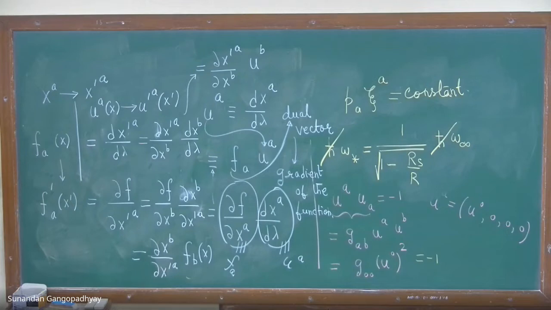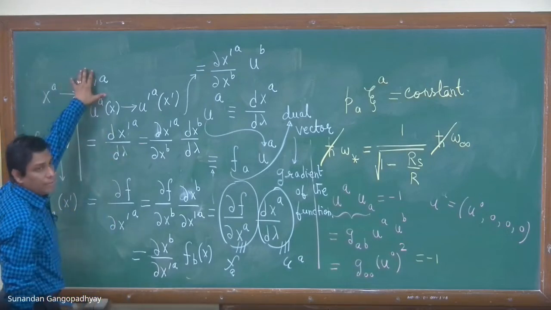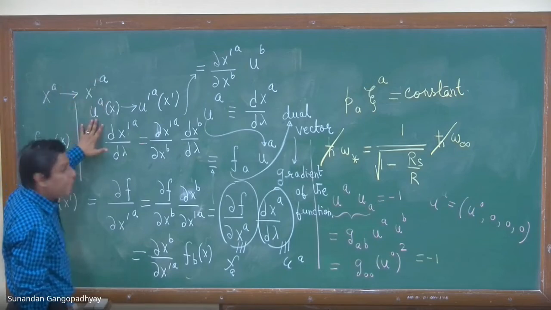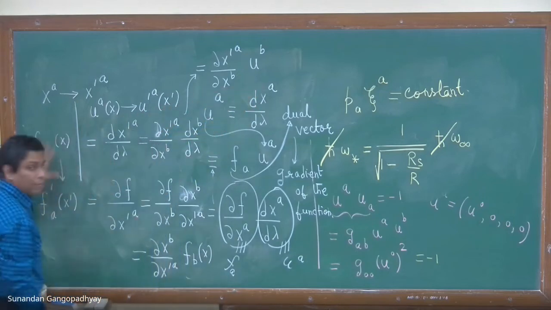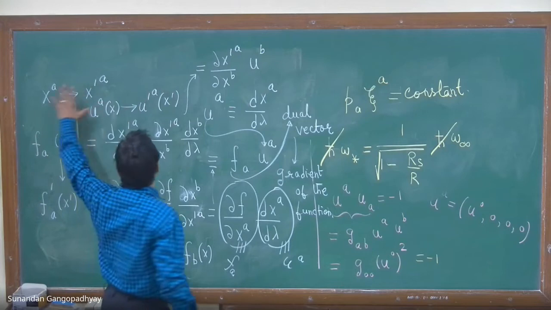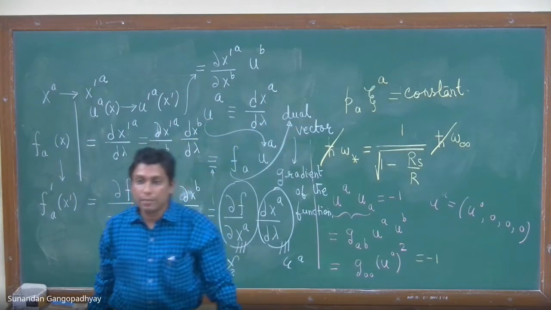So you can see that under this coordinate transformation from x a to x prime a, this tangent vector to the curve at any point transforms in this way, and the dual vector, which is the gradient of the function, transforms in this way. Anything which transforms in this way we shall call a vector.